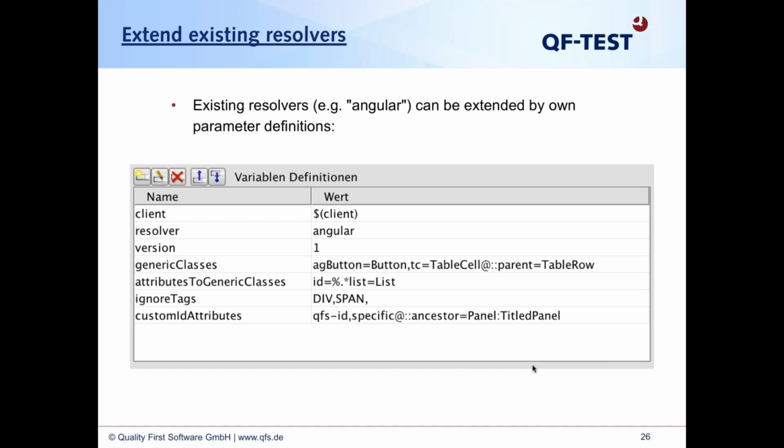Here, for example, some generic class assignments are given, some attributes to generic classes are defined, and so on. You can expand on what QF-Test already brings with it, and then extend this information with your dedicated customization. And that way you get the power from both worlds: the power from the QF-Test developers, who have already predefined most of the relevant resolver rules for your application, and then you just extend by those rules which were missing.